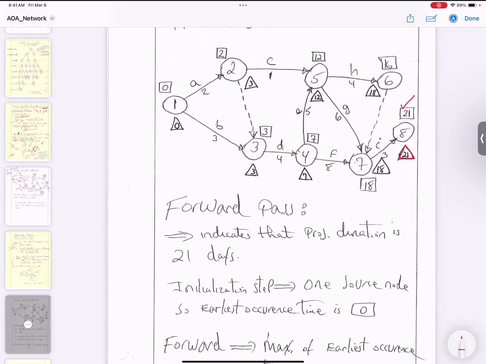So you put 18 over here. So this is basically 21 minus 3 is equal to 18. So that's node number 7. You take the minimum.